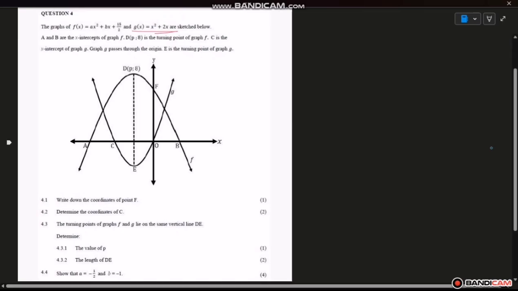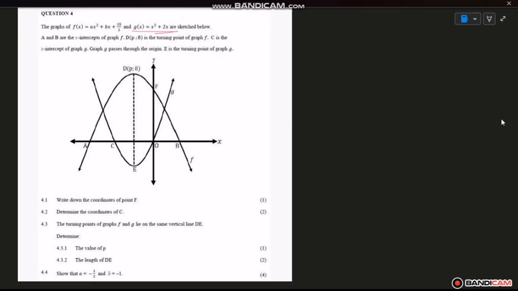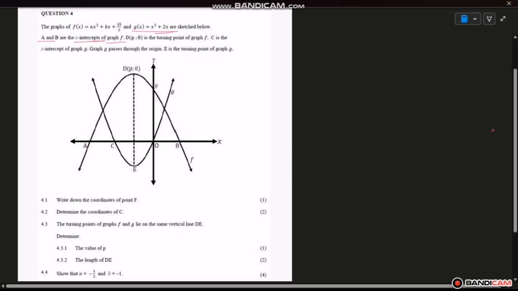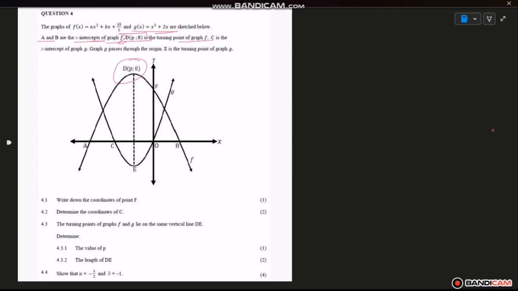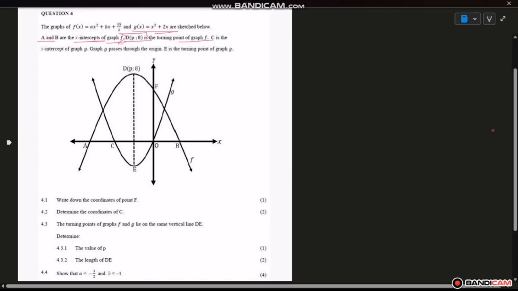So you must know how to differentiate which is the graph of f and which is the graph of g. So a and b are x-intercepts, here are a and b, the x-intercepts of the graph of f. Then D here is the turning point of the graph of f, and C is the x-intercept of g.